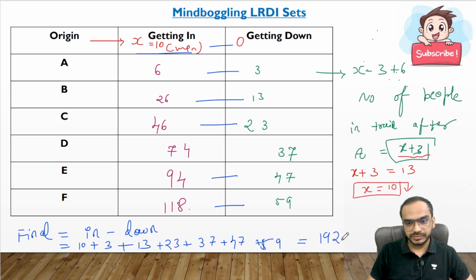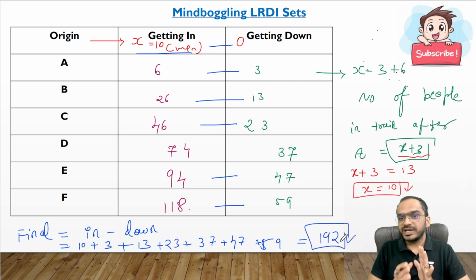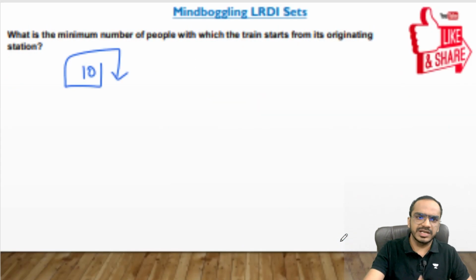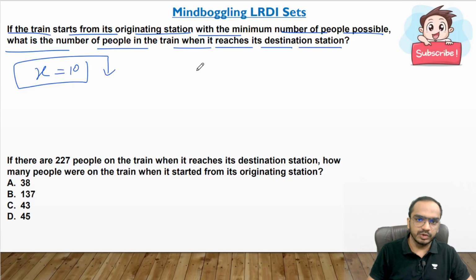Now tell me. Okay, so if train starts with the minimum number of people possible, that is 10, then it reaches the destination with 192 people, right? It reaches the destination with 192 people.